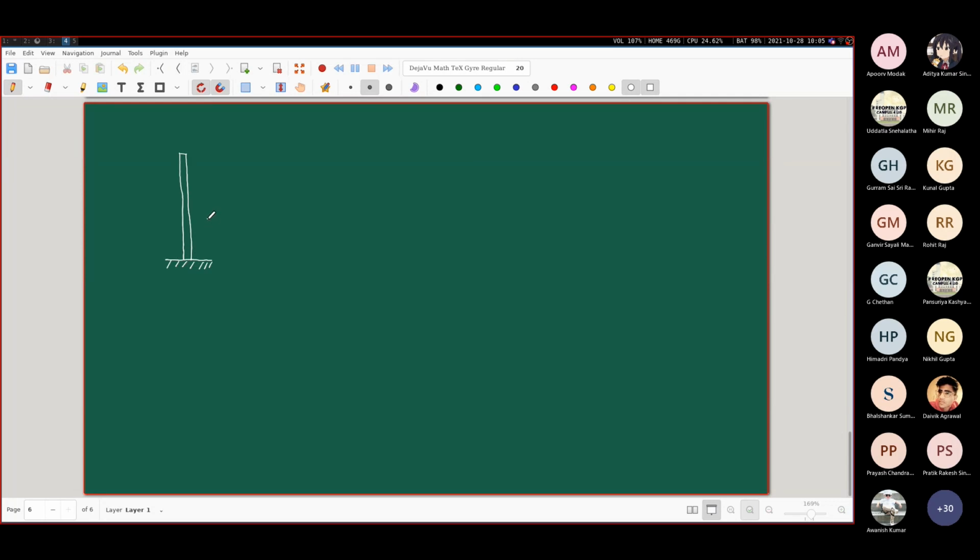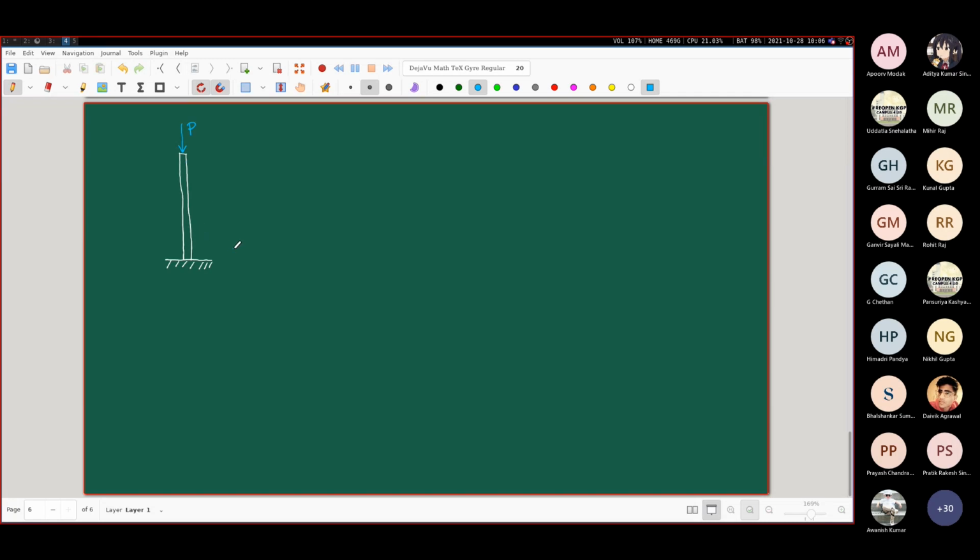The other end is kept free, but you will still have a vertically downward acting force here. Under the action of this force, there is a possibility that some kind of instability will occur, and this straight configuration will no longer remain straight and will undergo buckling.